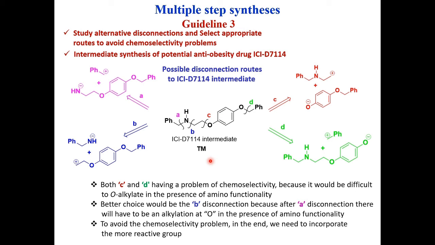So let's consider the B cleavage, that is the CN cleavage. You will get this NH negative, which can be transformed into benzylamine, and this positive charge will acquire bromide. So you will get the bromo derivative. Let's consider this as our target molecule.